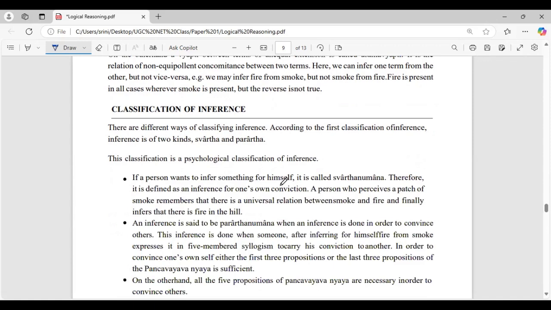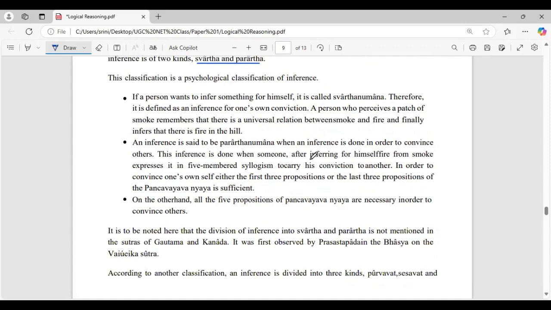Classification of inferences. There are different ways of classifying inference. Inference is of two kinds: Svarthanumana and Pararthanumana. This is a psychological classification of inference.